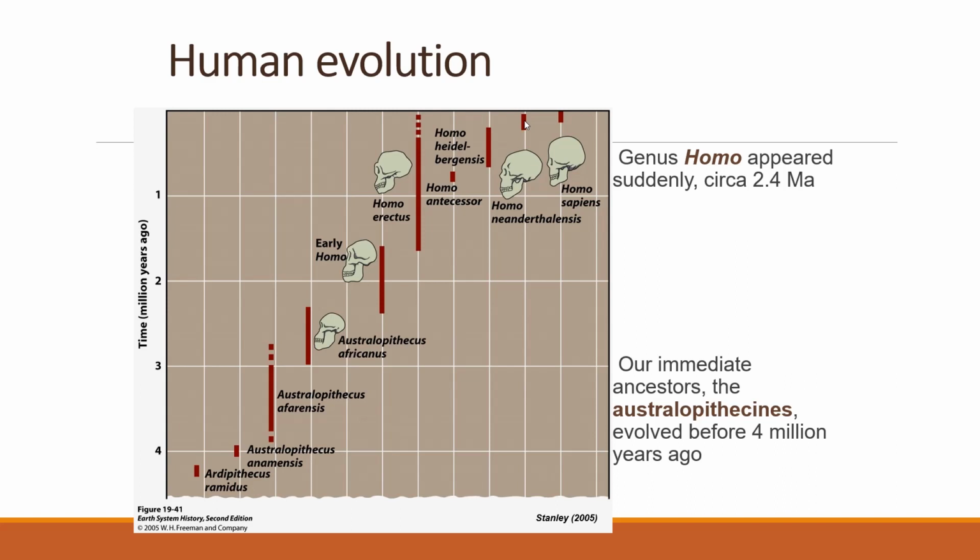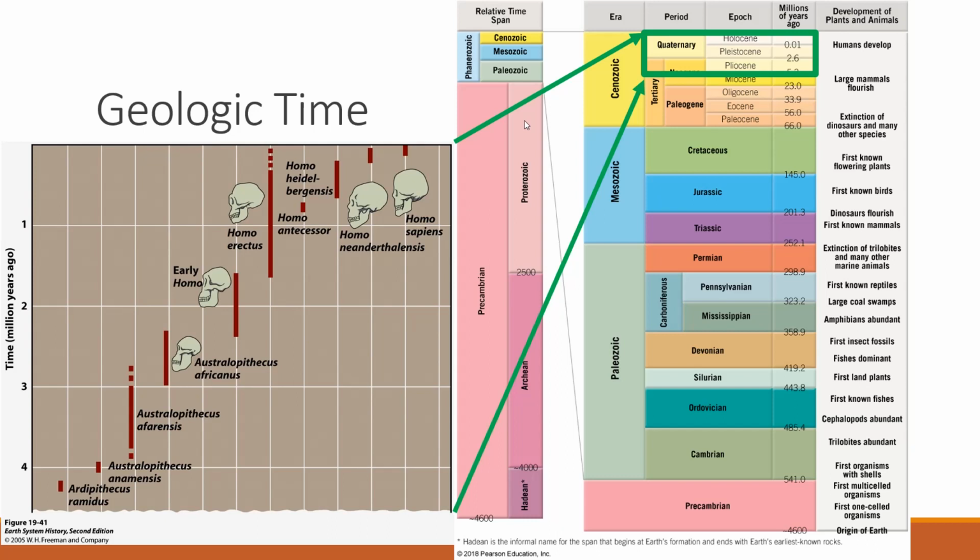So 4 million years ago is in the Pliocene. 2 million years ago is in the Pleistocene, during which we had an ice age. 300,000 years ago is when Homo sapiens first really came about, the earliest Homo sapiens. The Holocene, which is the modern epoch, started 12,000 years ago. So humans have been around for just a small fraction of this.